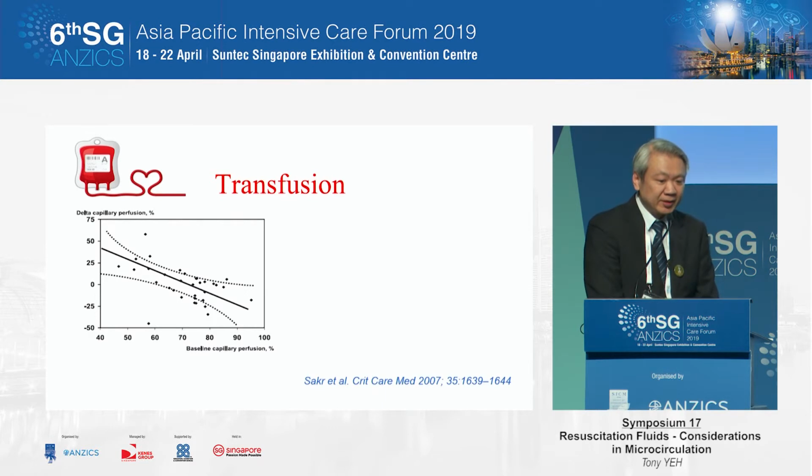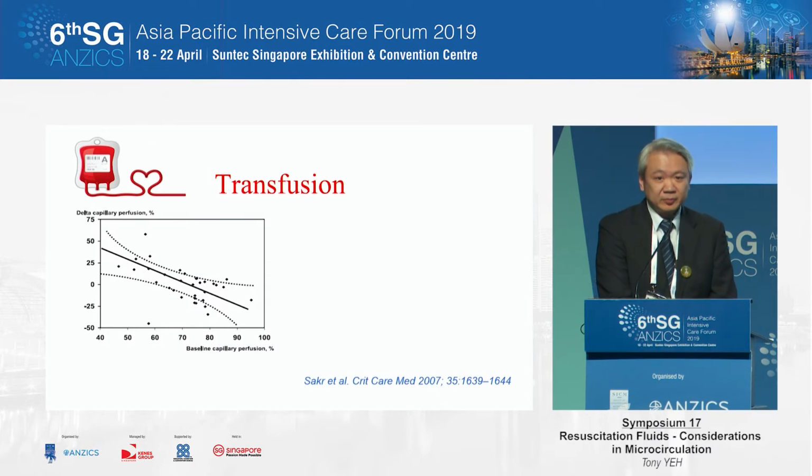Now the next issue about the microcirculation is the hemoglobin level, because now we have many consensus statements about when to target and when to start transfusion.